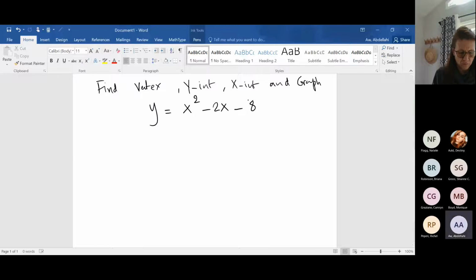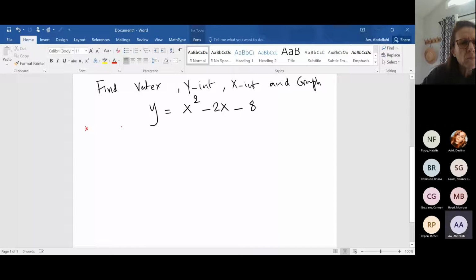As we said, of those 4 points, which one is the easiest to find? The y-intercept. Exactly. That is the easiest, so we're going to start with the y-intercept.